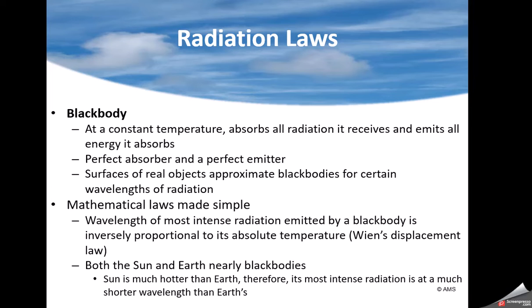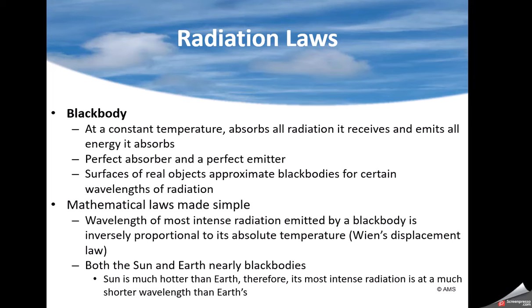All right, a black body, and we are going to make the assumption that everything pretty much is a black body. It absorbs all the radiation and it emits every piece of energy that it receives. So we're assuming it's a perfect absorber and a perfect emitter. Not reality, but for purposes of meteorology for right now, it works. So the wavelength of a black body is inversely proportional to its absolute temperature.